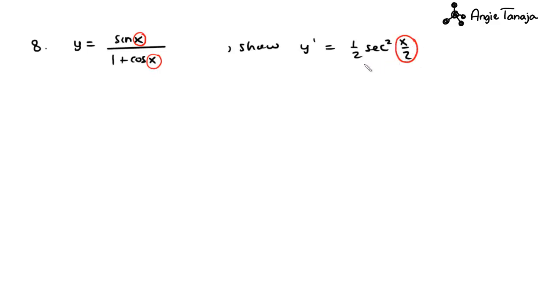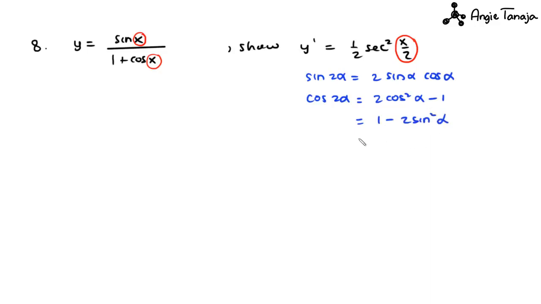So definitely we're gonna apply the double angle rule. Like sine 2 alpha, you convert it to be 2 sine alpha cos alpha. And then cos 2 alpha, you can convert it to be either 2 cos square alpha minus 1, or 1 minus 2 sine square alpha, or just cos square alpha minus sine square alpha.